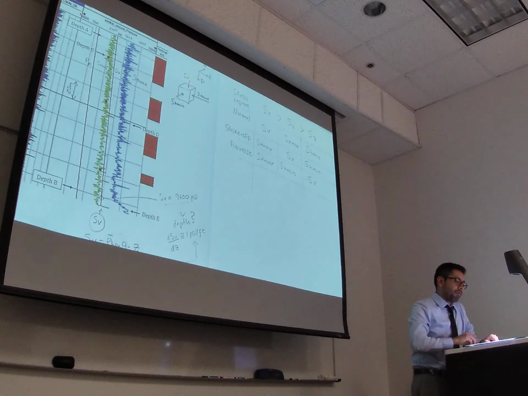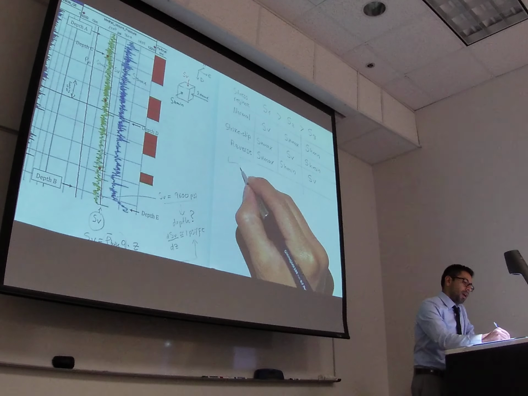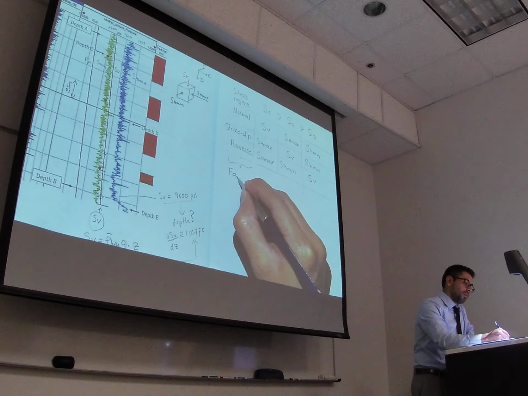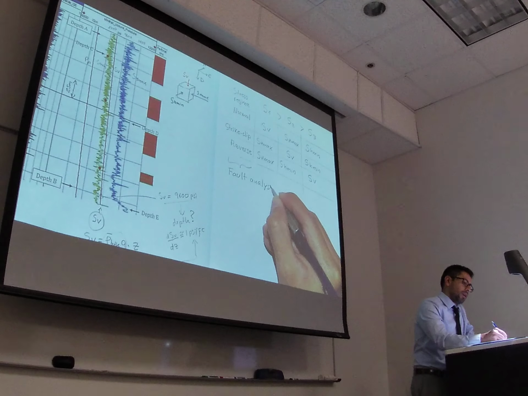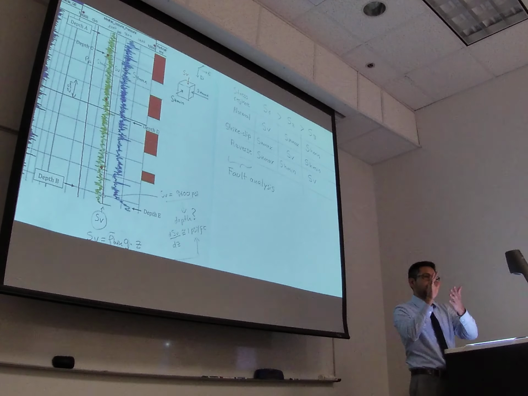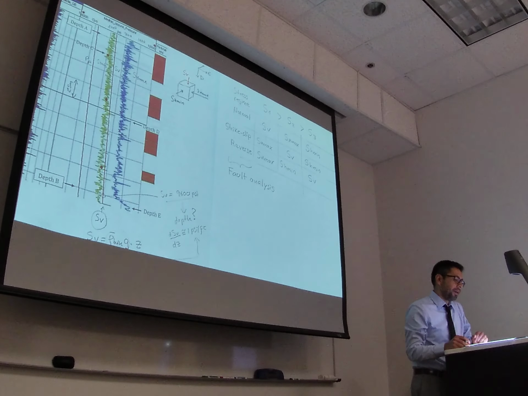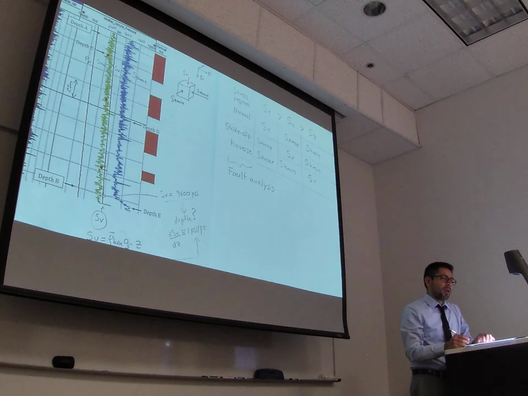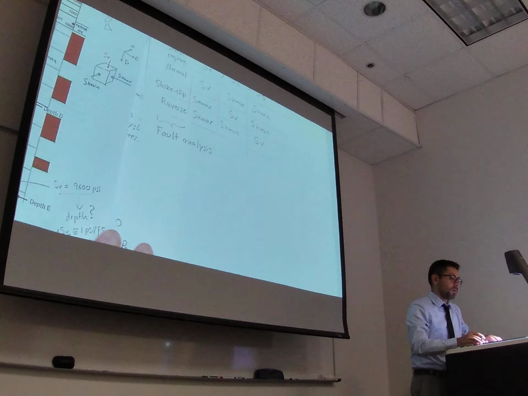The name from these three types of stress regimes comes from fault analysis and how faults slide with respect to each other. We're going to talk a little bit more about that next week. But for example, in a place with a normal stress regime, you're going to have normal faults.